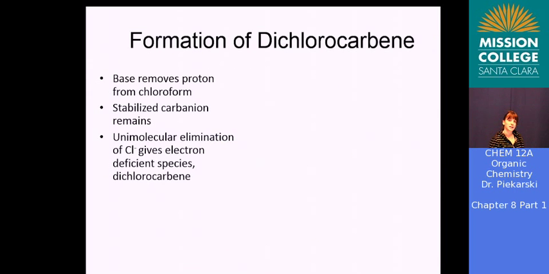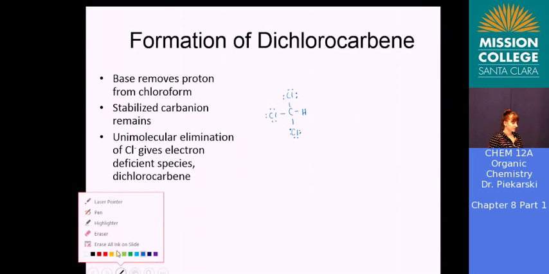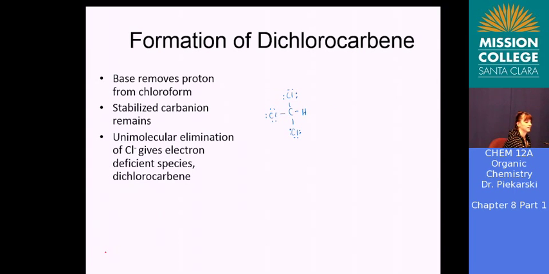Now, how do we make a dichlorocarbene in solution? We start with chloroform and a strong base. So chloroform is CHCl3. And we have a strong base coming in, and it's going to pull off the proton.